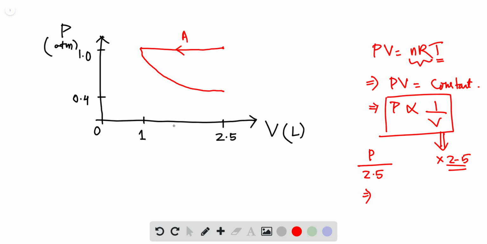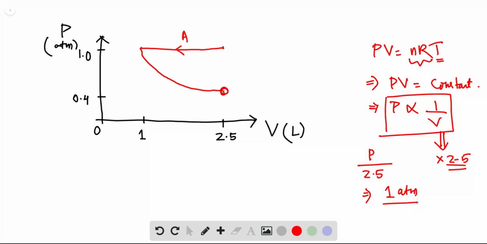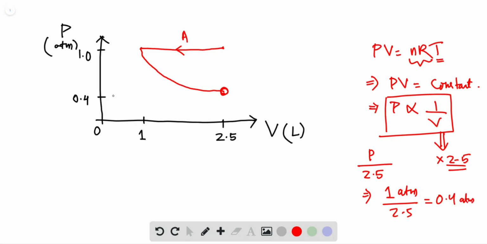We started at a pressure of 1 atmosphere over here. This means that the final point in this process will be the initial pressure, 1 atmosphere, divided by 2.5, and this is equal to 0.4 atmosphere. So hence we have 0.4 atmosphere as the final point.